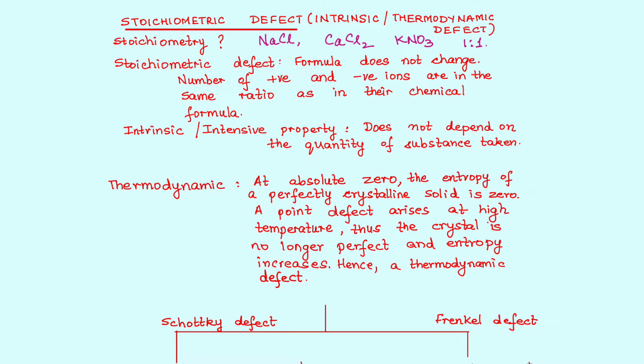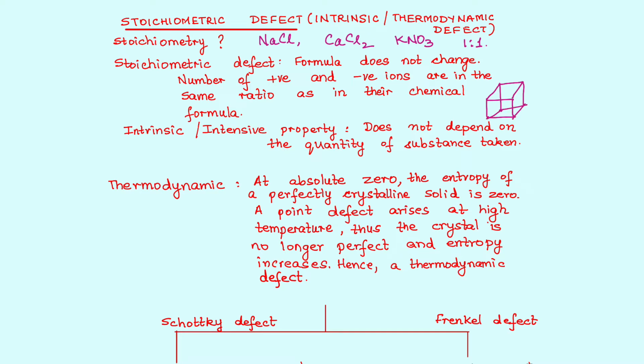So when I'm calling it a stoichiometric defect, that means the stoichiometry does not change. When you see from outside, the crystal looks very, very normal. You can't make out from outside. So the formula still remains the same.